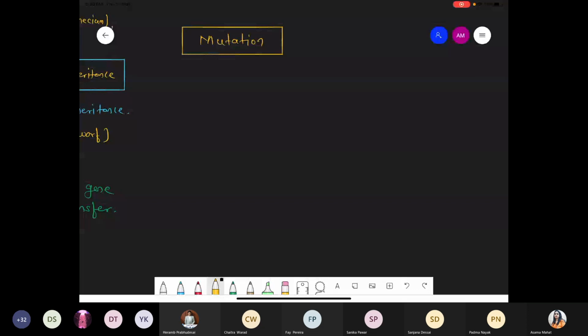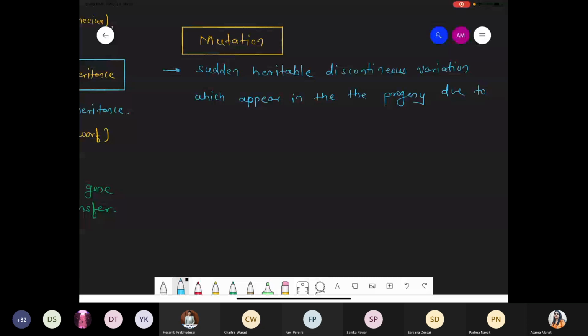So when you talk about mutation, the simple definition for your board: sudden hereditary or sudden heritable discontinuous variation which appears in the organism or in the progeny due to permanent change in their genotype.